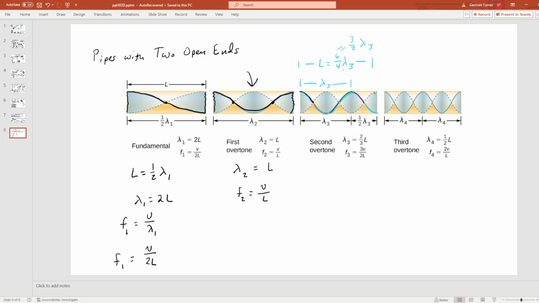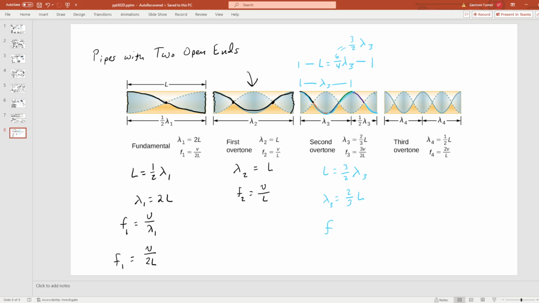And because L equals 3/2 of lambda, therefore lambda will equal, for the second overtone, or n equals 3, 2/3 the length of the pipe.